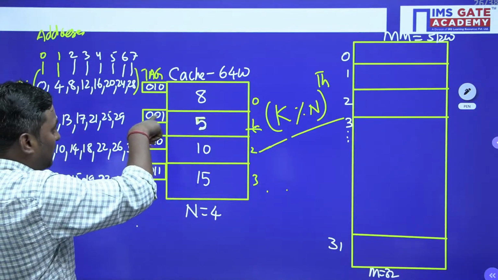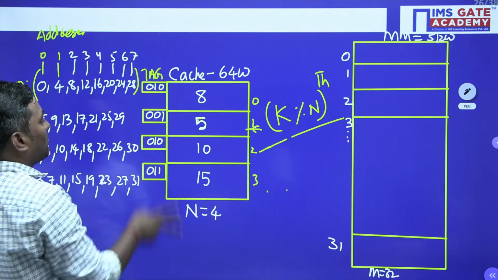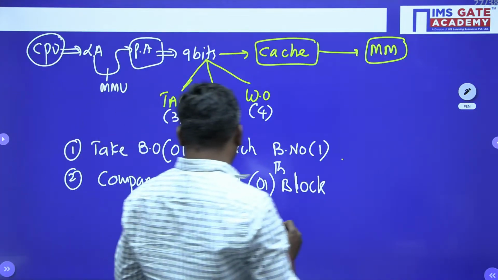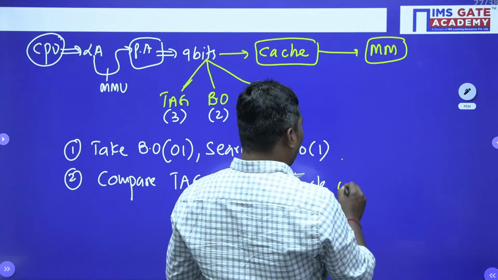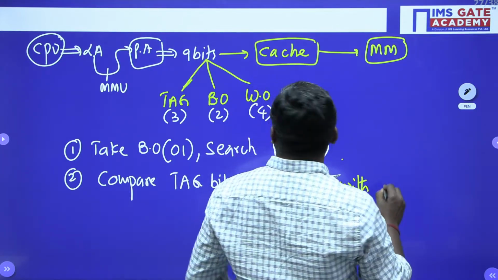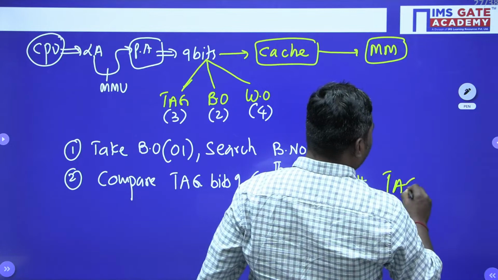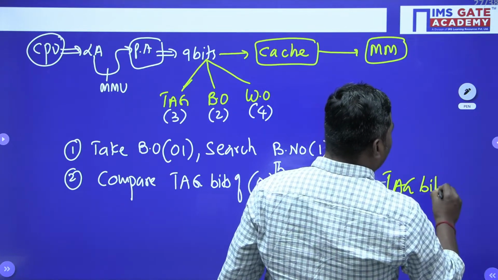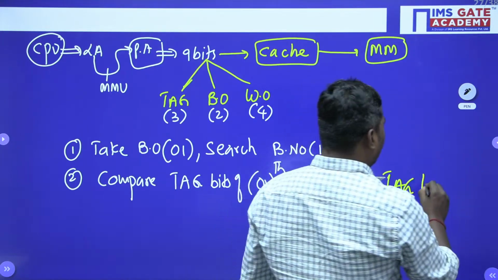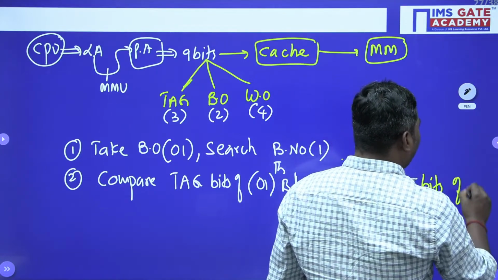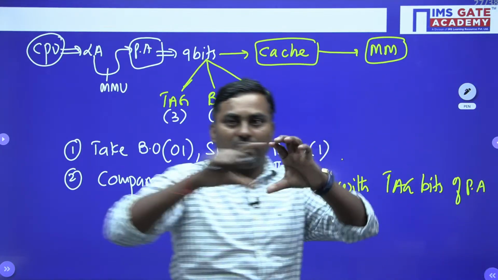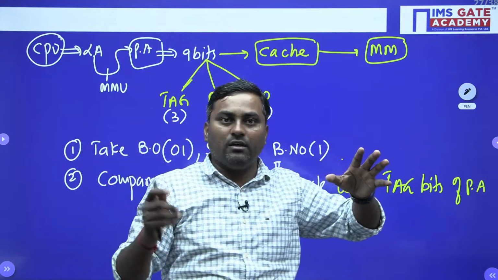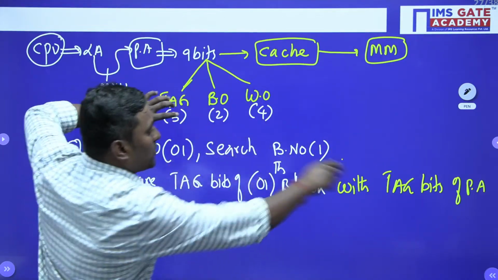Compare this tag bits 0 0 1, this tag bits with. Compare tag bits of the 0 1 block with tag bits of physical address. So physical address we got, no, that's split into 3 parts, right? So this physical address tag bits you have to compare, okay.